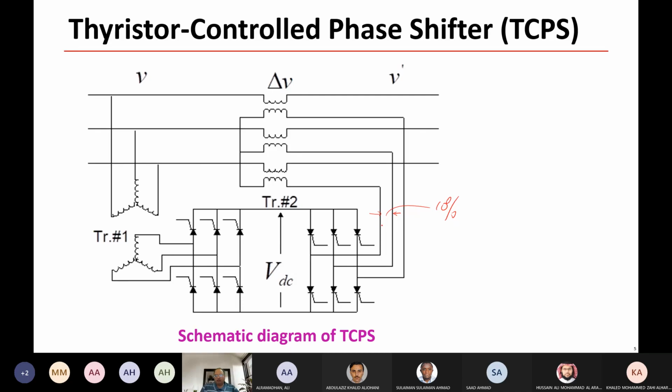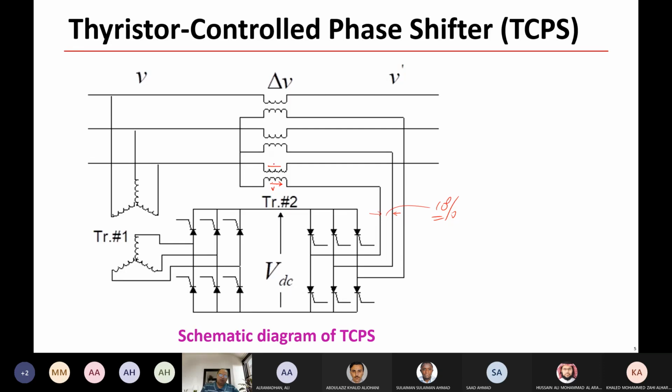You can control it, definitely you can control it up to 10% of the primary voltage, and then you inject this voltage here. So you have here the voltage that comes from the inverter, and this voltage will be transferred to the series transformer.